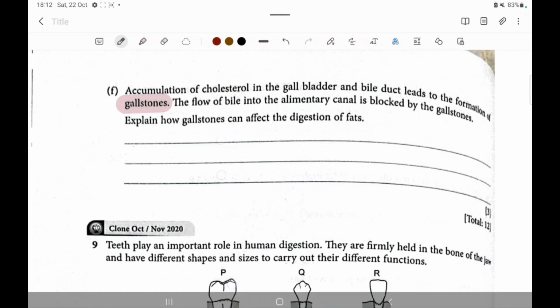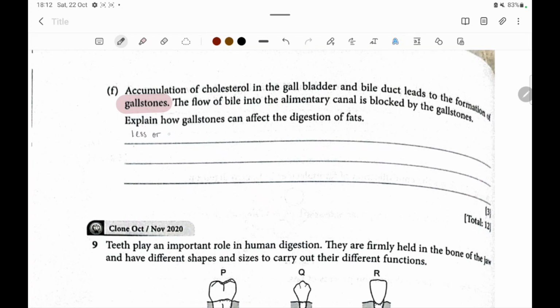If it's complete blockage, then no bile will be secreted. So this one, less or no bile will be secreted into the small intestine.